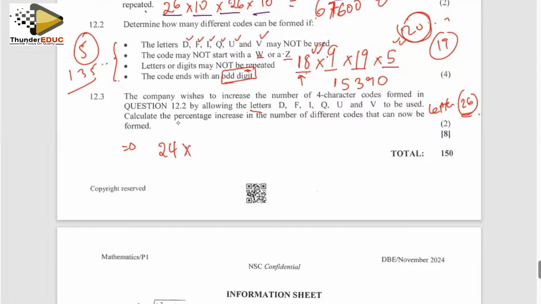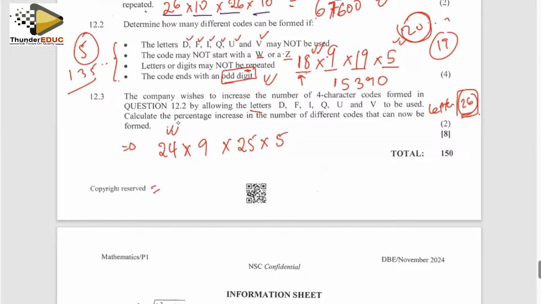And then with the digits, we said it's gonna be a 9. And then out of 26, 1 letter is gone for the first place. We have 25 left. And then we shall have 5 to choose the last digit, since it's also gonna be odd. So 24 times 9 times 25 times 5.